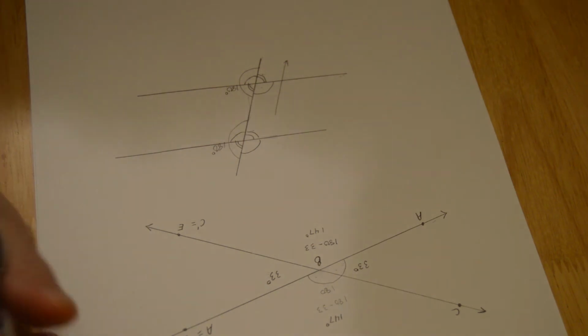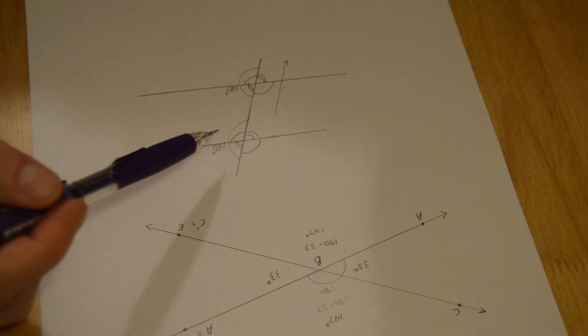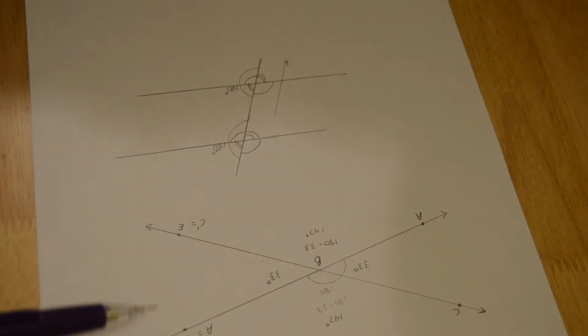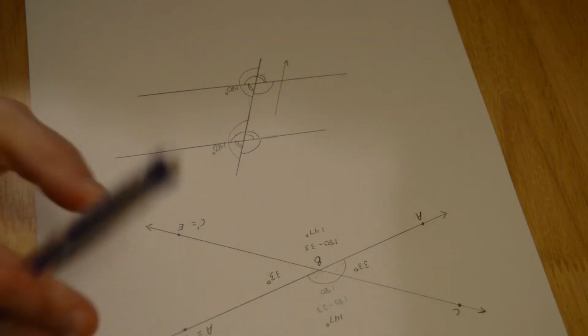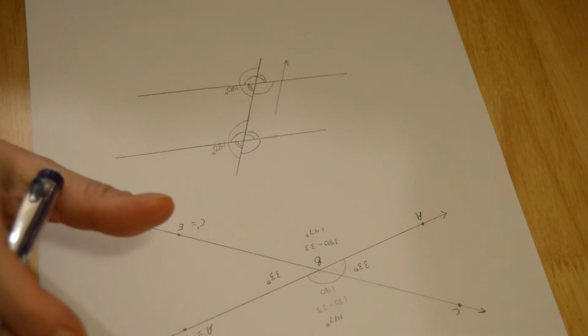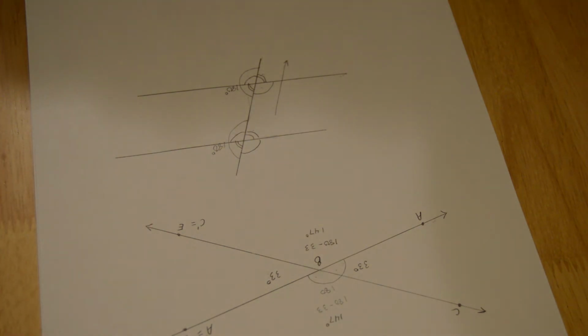So using the transformation of translation, we've proven that when you have two parallel lines cut by a transversal, angles are congruent and/or supplementary.